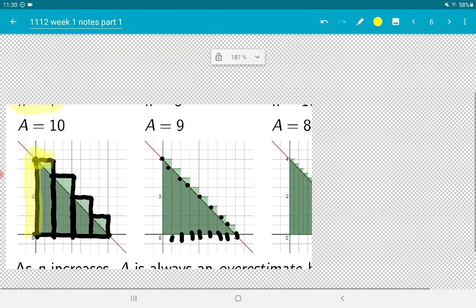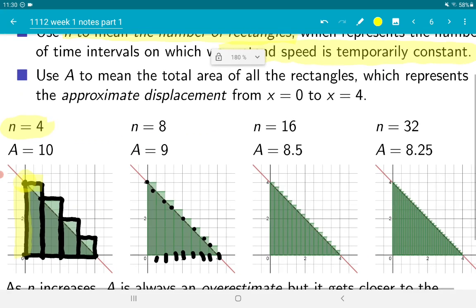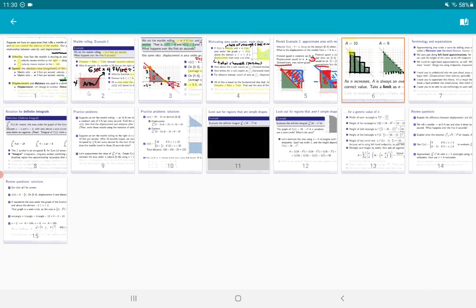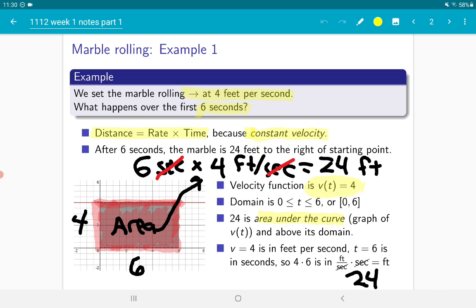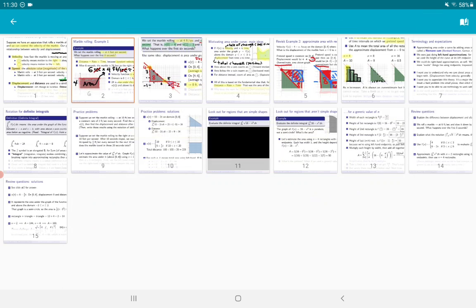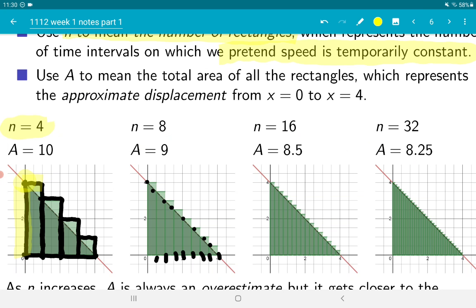But another reason for doing that is to go back to that idea that I said earlier, which is rate times time equals distance. That really only applies when the velocity really is constant. So that's why it's convenient in these examples over here to momentarily pretend that the speed is constant. So I get to use that idea of rate times time.